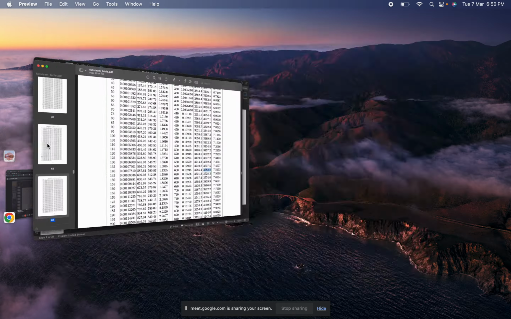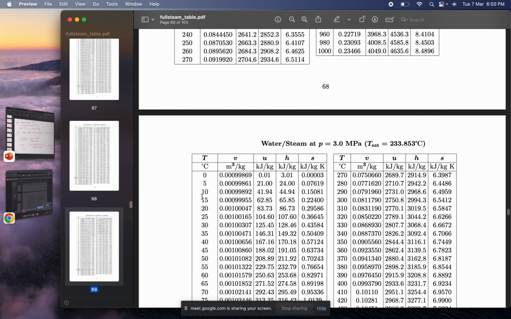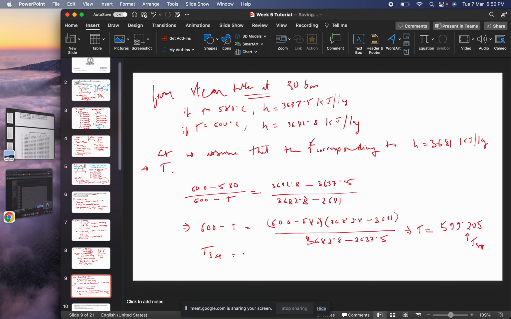What is my T saturation? We have already got it from that one also, but here also you can see T saturation is 233.853 degrees Celsius.